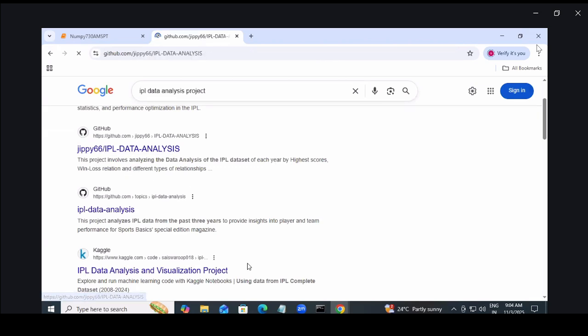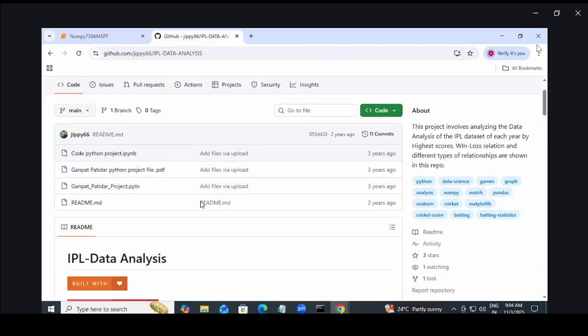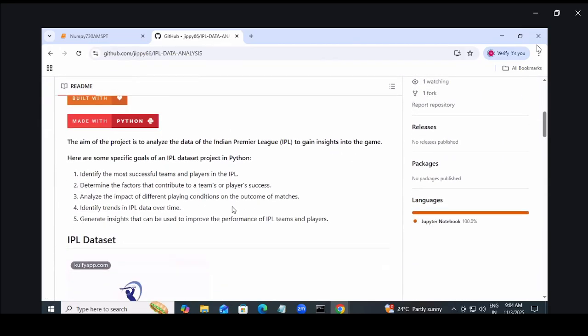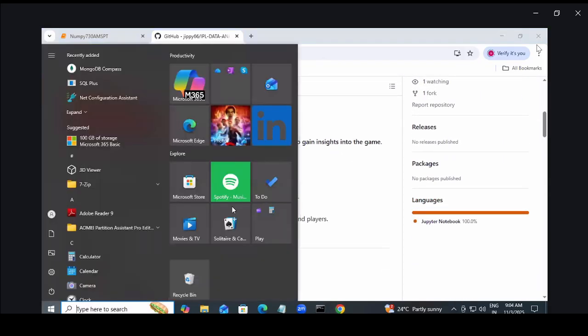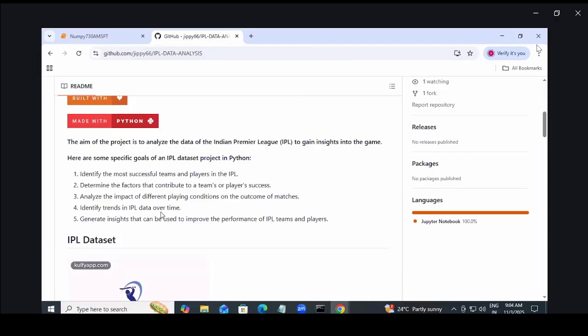See here, somebody has given some project. But I'm saying, this is interesting because you work with real-time data. Here are some of the specific goals of the IPL dataset project in Python. Identify the most successful teams and players in the IPL and determine the factors that contribute to each team's or player's success.